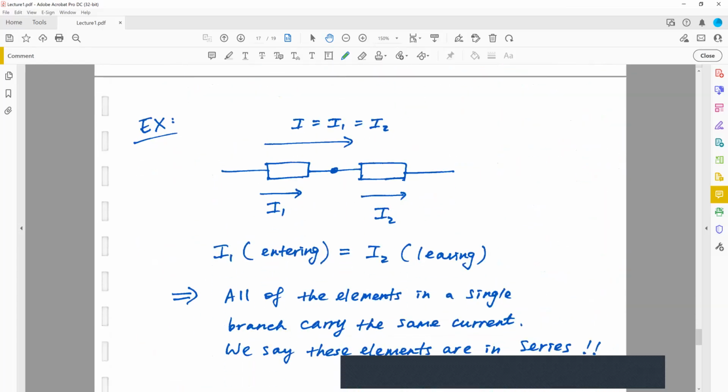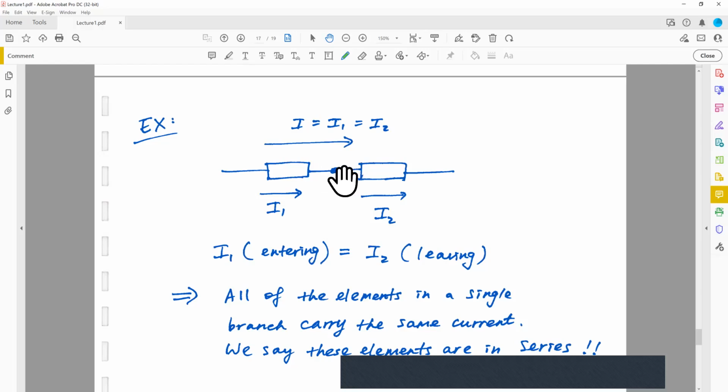The concept associated with node, right? We're talking about node. In this particular example, it's very intuitive to say, we know that these two elements are in series, even if you don't know much about node or KCL. You can kind of tell that these two elements are in series.